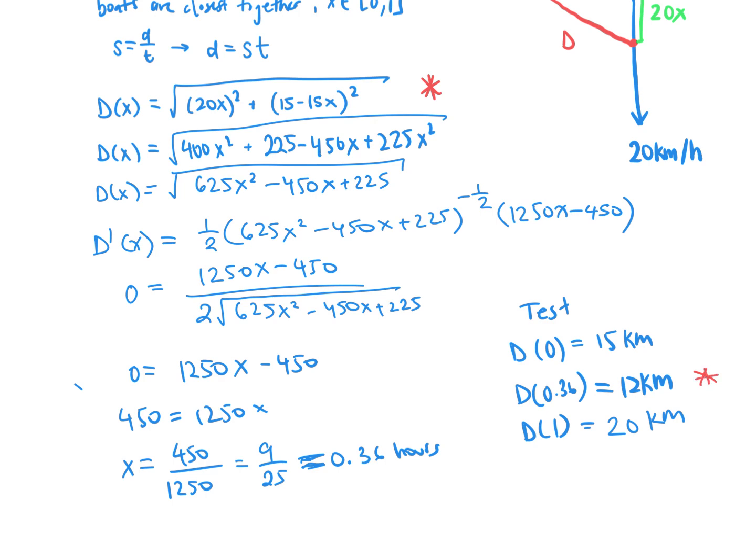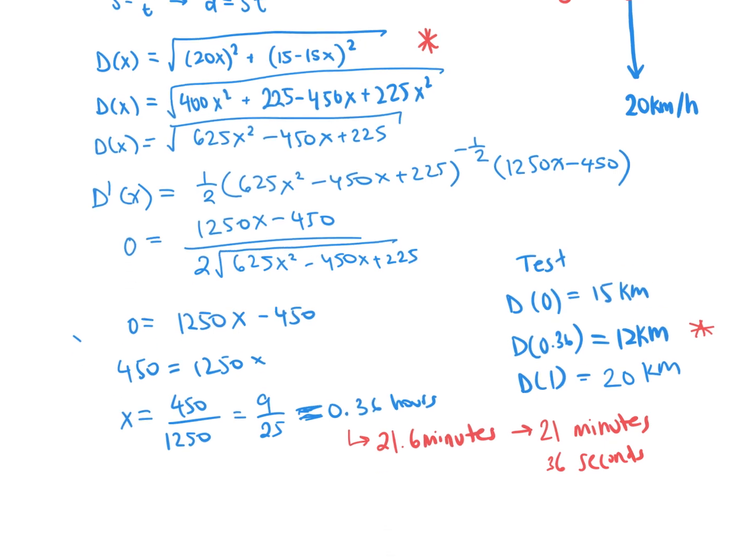Now, the 0.36 hours, what is that in minutes? If I multiply it by 60, I get 21.6 minutes. If I multiply the decimal by 60, I can get 21 minutes and 36 seconds if I want to be a little bit more precise.